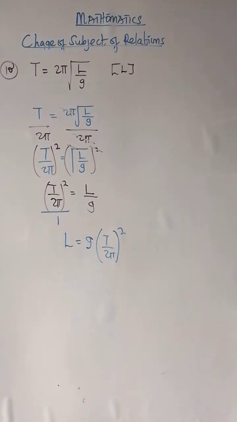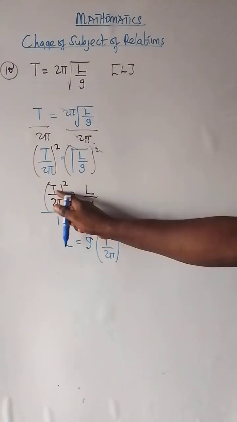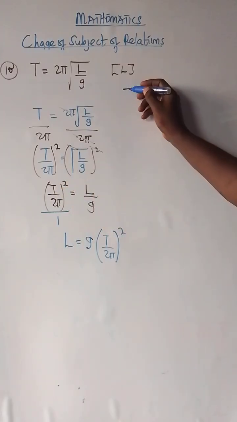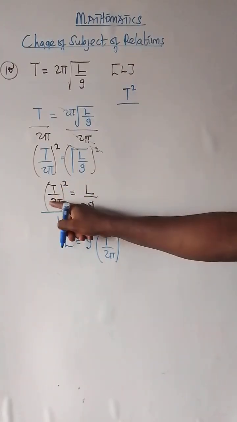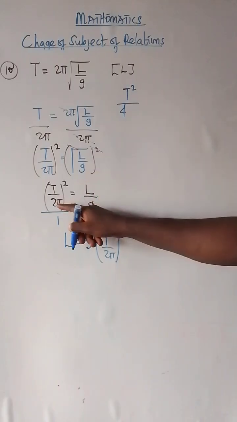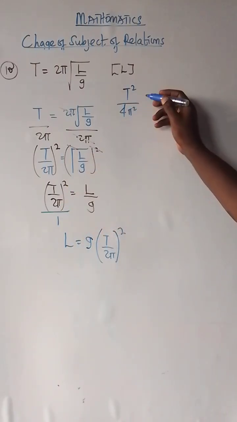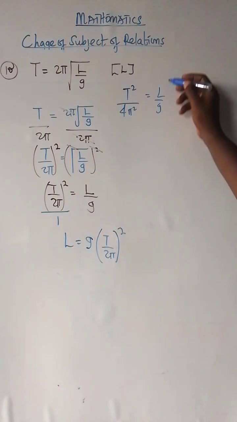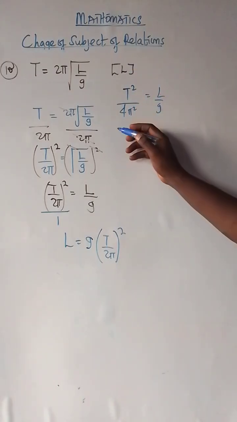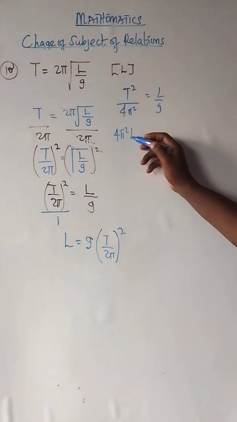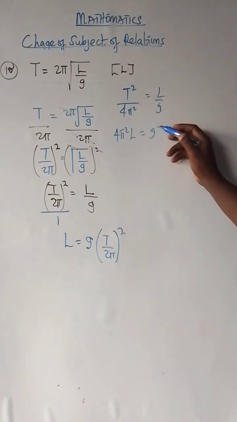Or another person can decide that, from here you might not see this, so you can decide to expand this. T raised to power 2, we have T squared. 2 raised to power 2, we have 4. Then you have pi raised to power 2 equals L over G. Then you can cross multiply. From here, this multiply this, so we have 4 pi squared L equals G T squared.